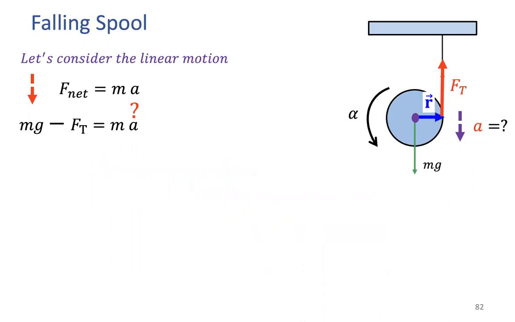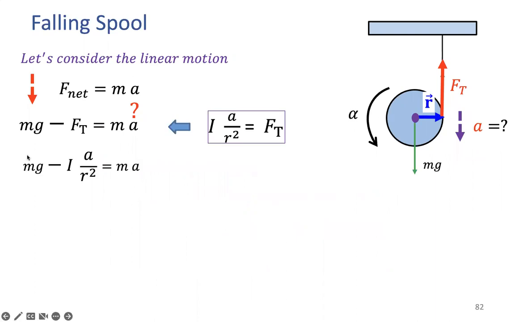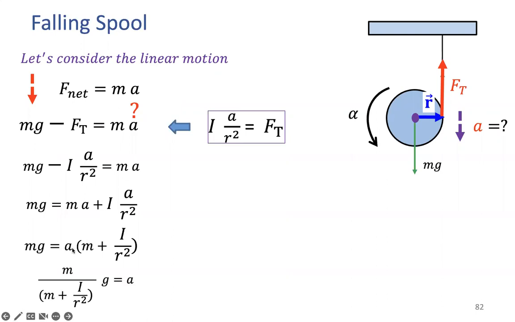To do the comparison, I'm substituting from my previous slide right here for the force of tension in terms of moment of inertia, acceleration A, divided by the radius of the spool squared. Now bringing this to the right-hand side, everything common comes outside: acceleration A equals mass divided by mass plus something.